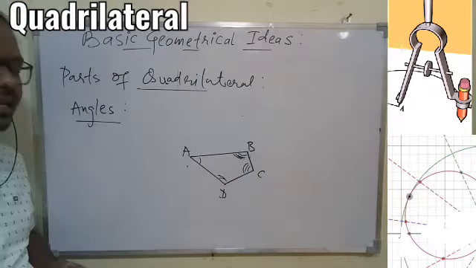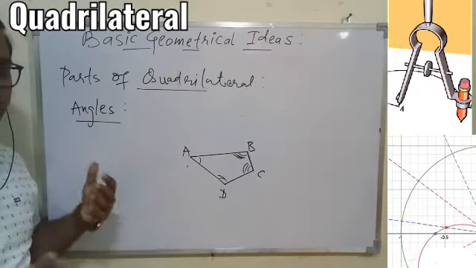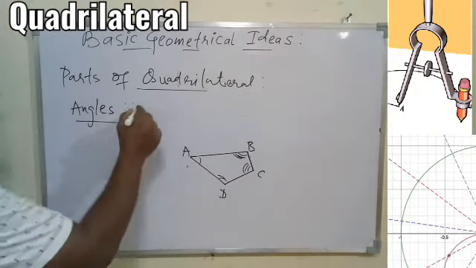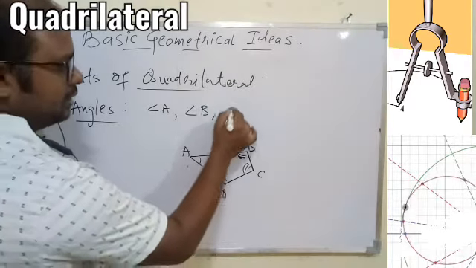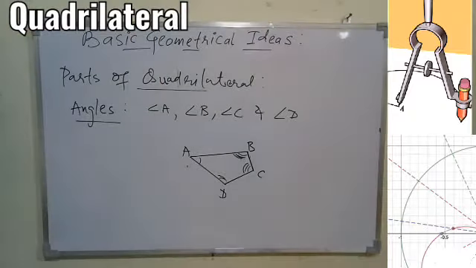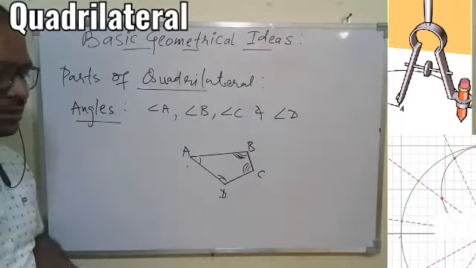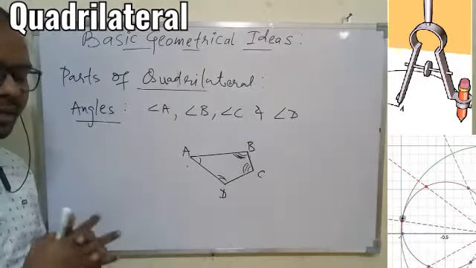So briefly we can say angle A, angle B, angle C, angle D. This is one way we can write down the angles for the quadrilateral, or we can write a proper name, that is, we can give the proper name of the angle.